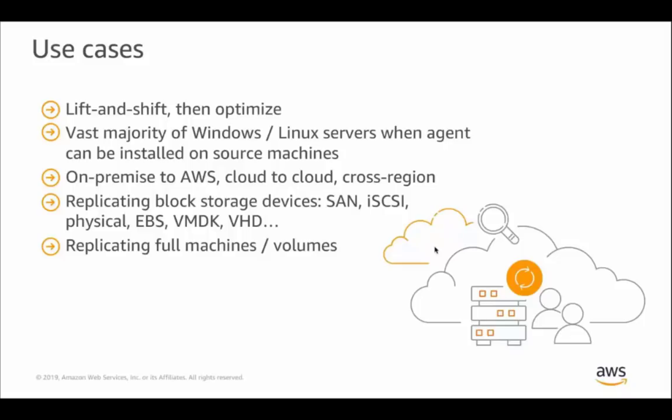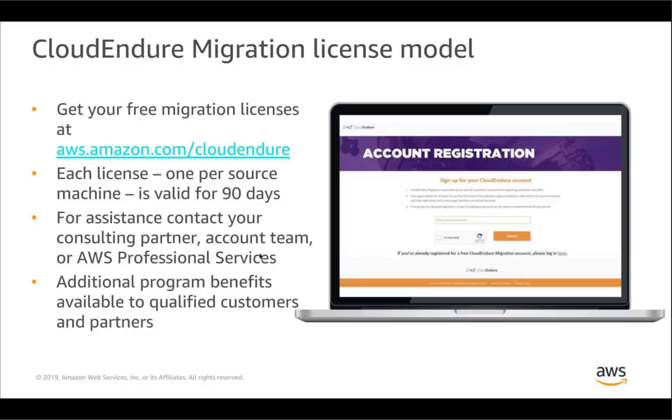Lastly, but a really important topic is licensing and procurement. Thanks, Rashi. CloudEndure Migration is licensed per source machine. All customers and partners can obtain licenses at no cost by going to aws.amazon.com/CloudEndure and following the link to get started with their CloudEndure migration account registration.